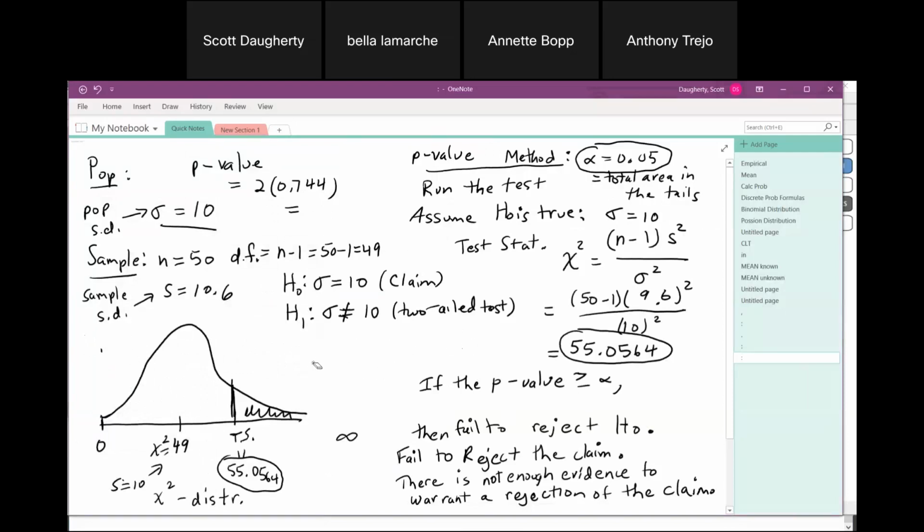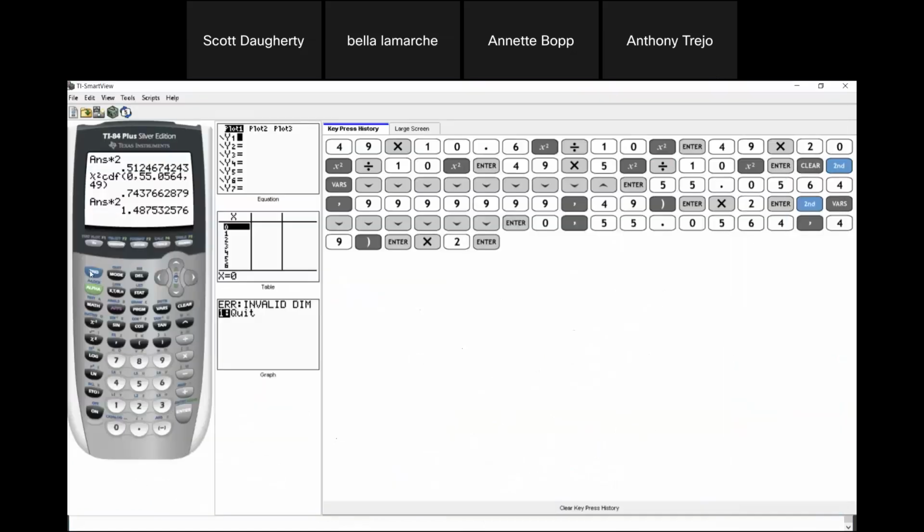Then one other thing, and then we'll call it a day. Let's say S had been 9, and your chi-square value here would have been less than 49, but let's see what it would have been.